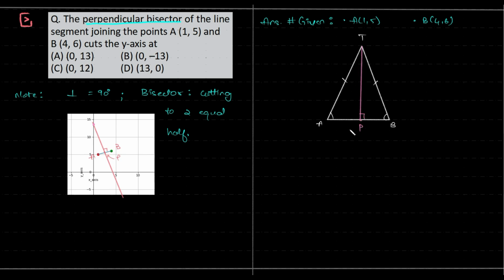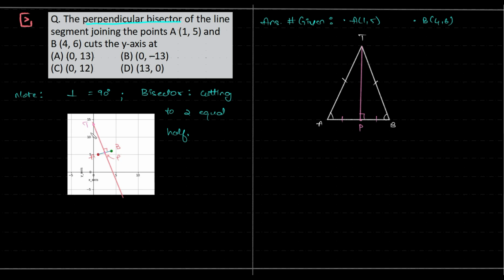Say this point is point P. The diagram is not exact, but you guys can manage that. Imagine that we have two equal sides. If I draw a perpendicular line, it will by default bisect the base. Here we have a perpendicular line, right? Point P is the midpoint, and this line is perpendicular, thus making it a perpendicular bisector, like TP. I'll call this point T, the point wherein the perpendicular bisector crosses the y-axis.